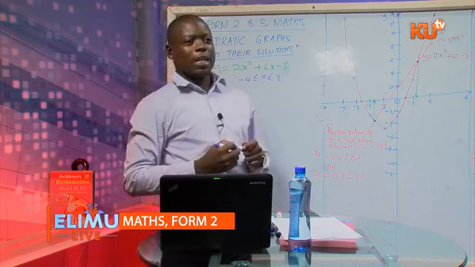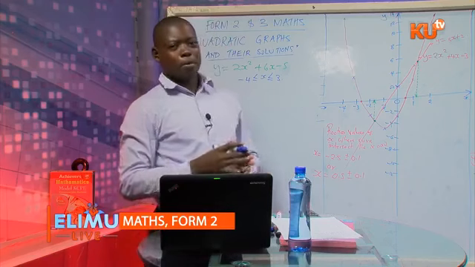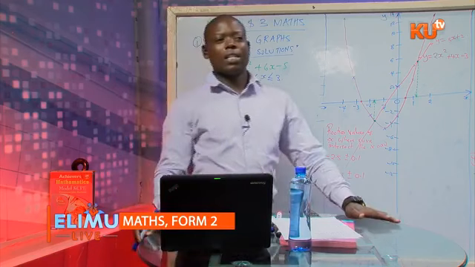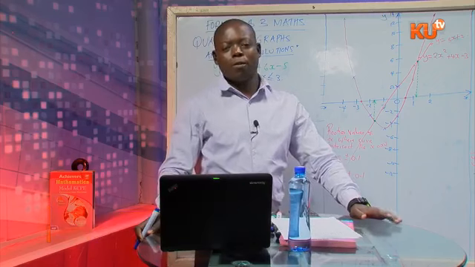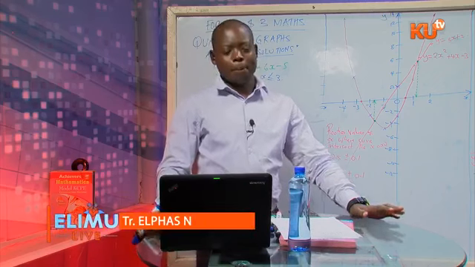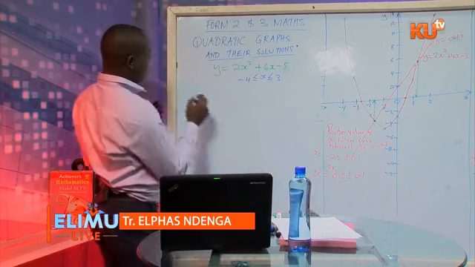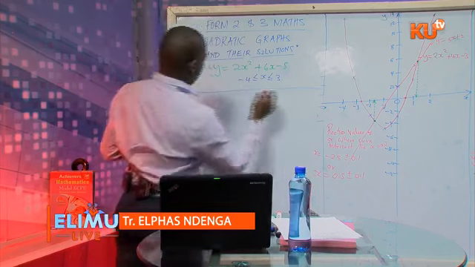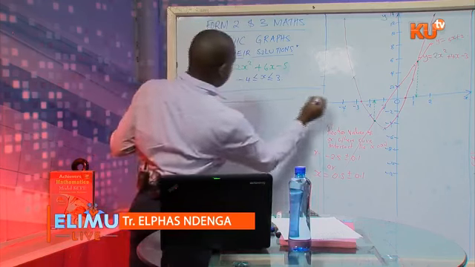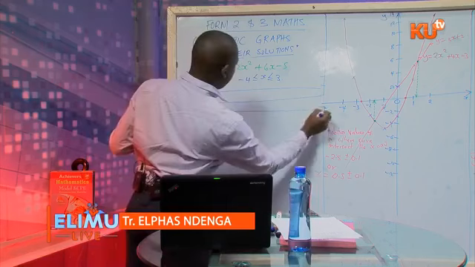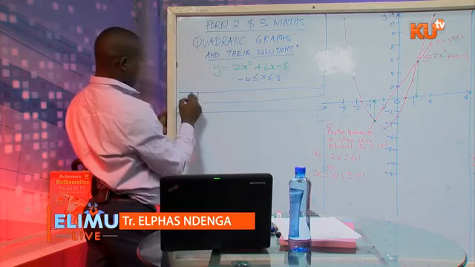So how do you now proceed when you have not been given the table? The first thing is for you to develop a table of values of x and y. So we will draw a simple table. Since we have the function, then we can have a table of x and y.